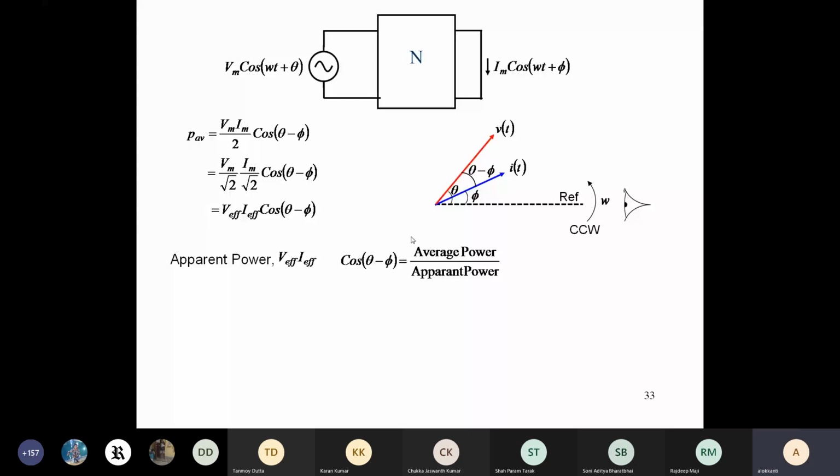So this is called the power factor of the circuit, cos theta minus phi, defined as the ratio of the average power by apparent power, or in the books you will find it abbreviated as PF.